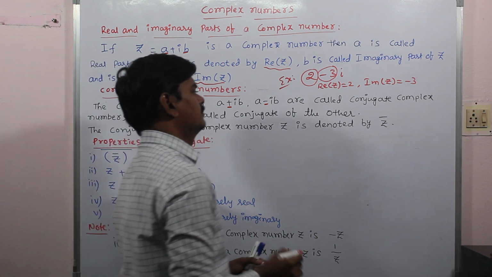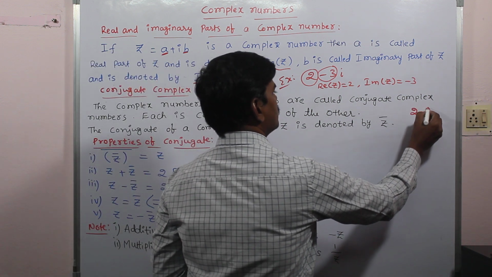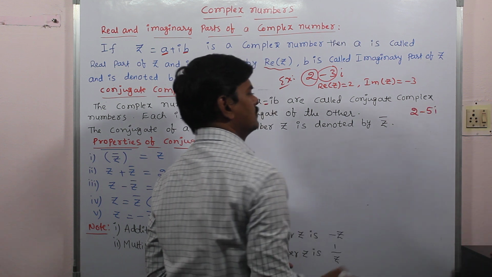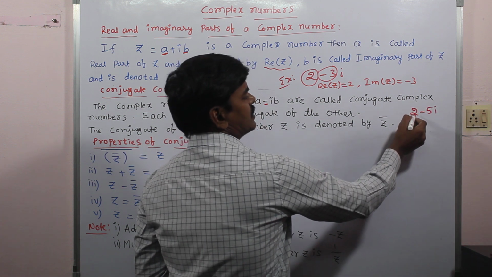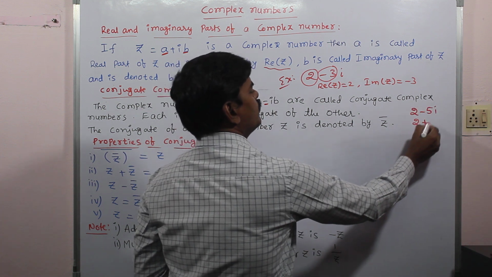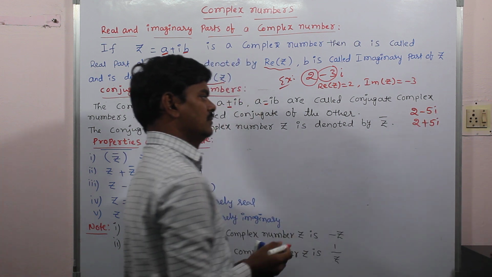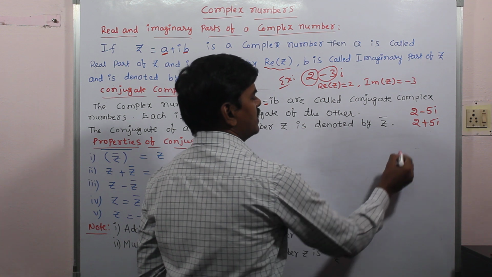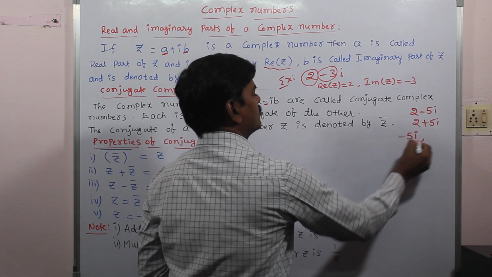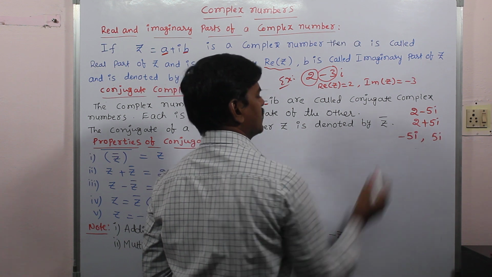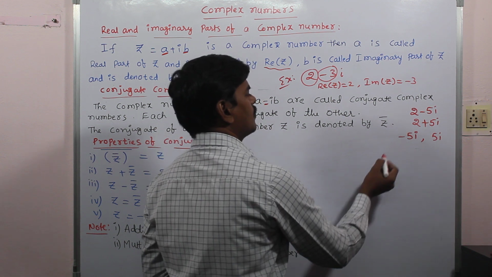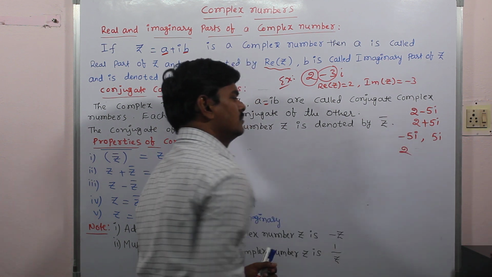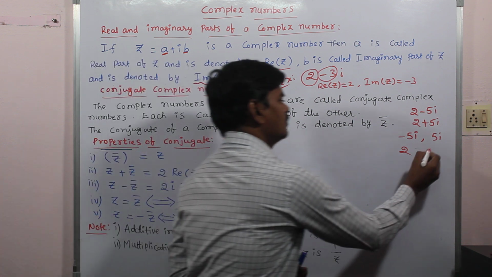For example, 2 - 5i. What is the conjugate of 2 - 5i? It is 2 + 5i. So simple. What is the conjugate of -5i? It's +5i. What is the conjugate of 2? The conjugate of 2 is 2 only.